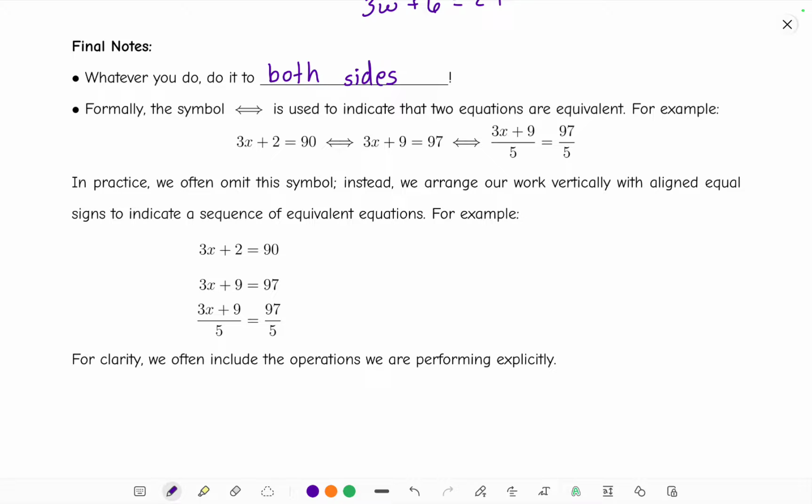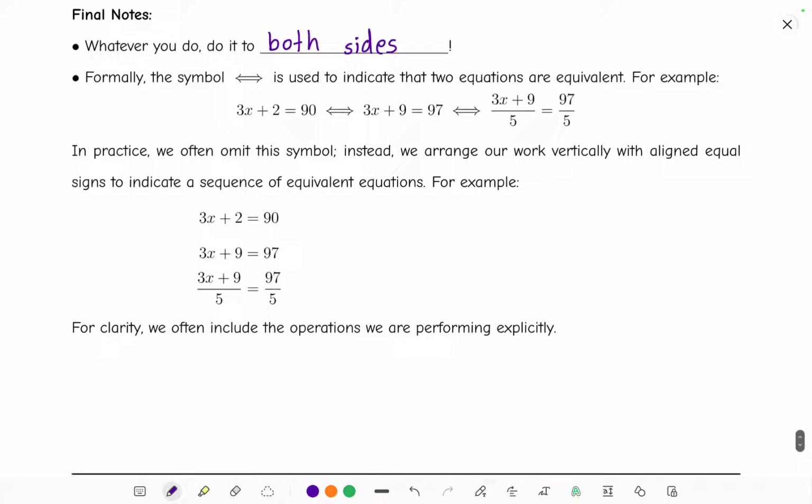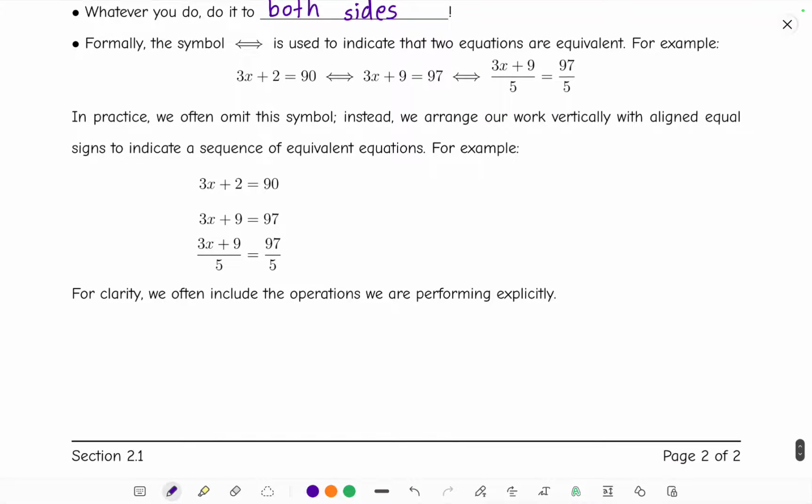In practice, we often omit this symbol. Instead, we arrange our work vertically with aligned equal signs to indicate the sequence of equations, like this, for example. So when I write them on top of each other like this, it means that they're equivalent equations. For clarity, we often include the operations like we did in the previous example.